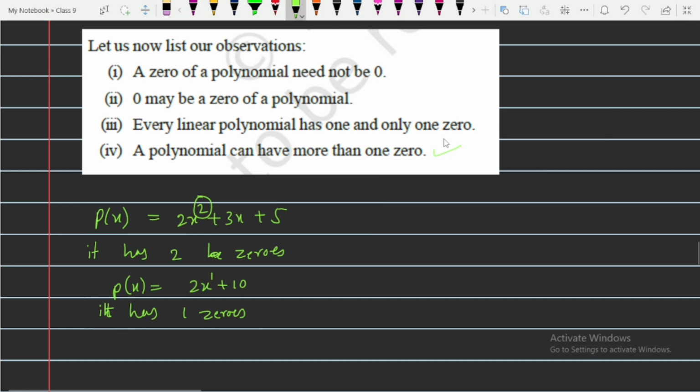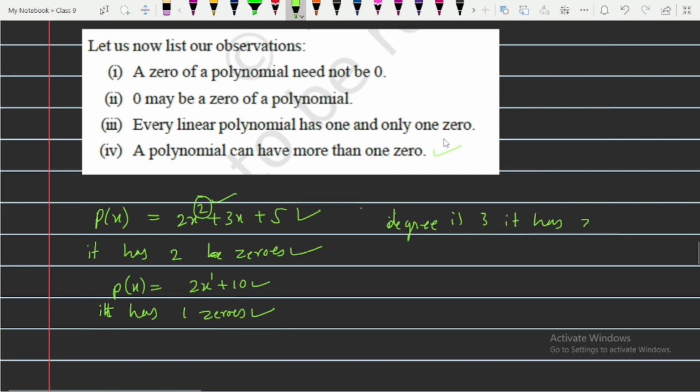You can easily understand that whatever the degree of the polynomial, that many zeros it has. If the degree is 2, it has 2 zeros. If the degree is 1, it has 1 zero. If the degree is 3, it has 3 zeros.